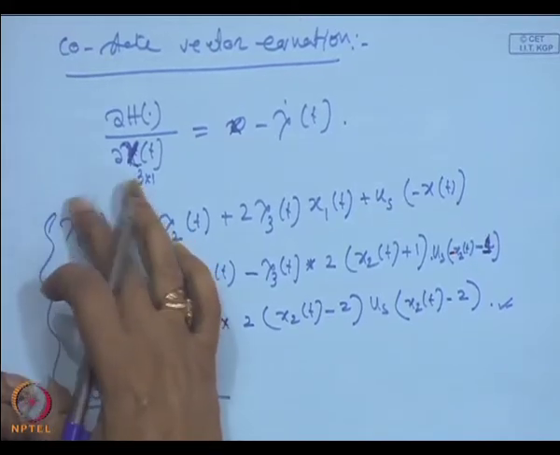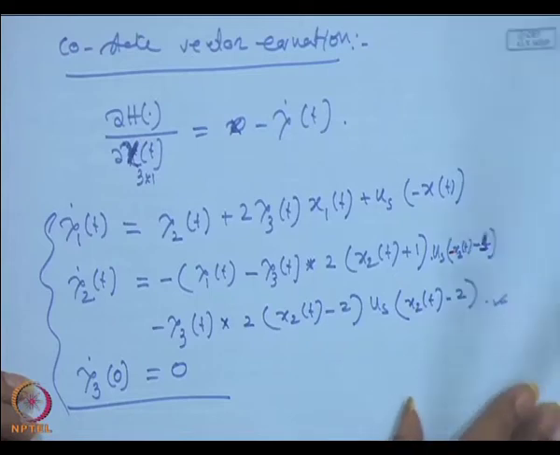We got the co-state equation, the state equation, and we need boundary conditions to solve this problem. What boundary conditions are there?